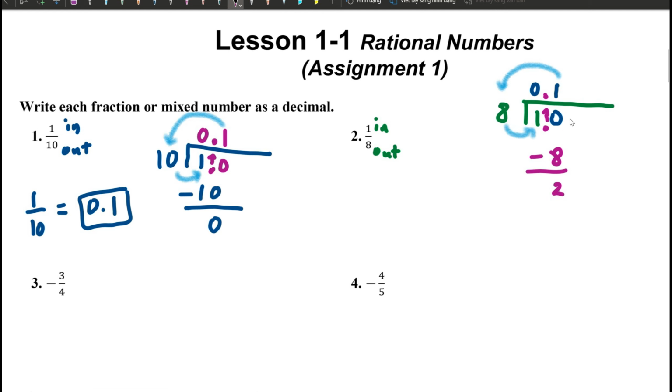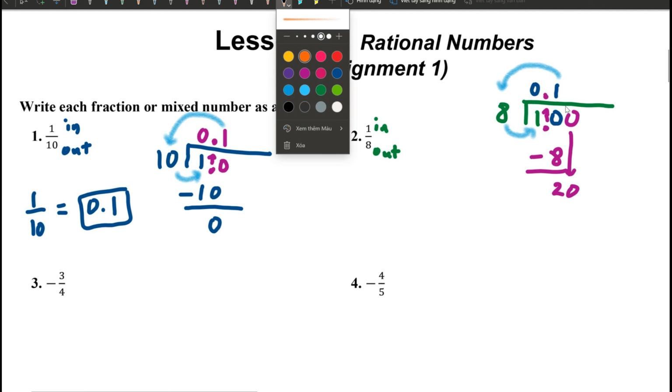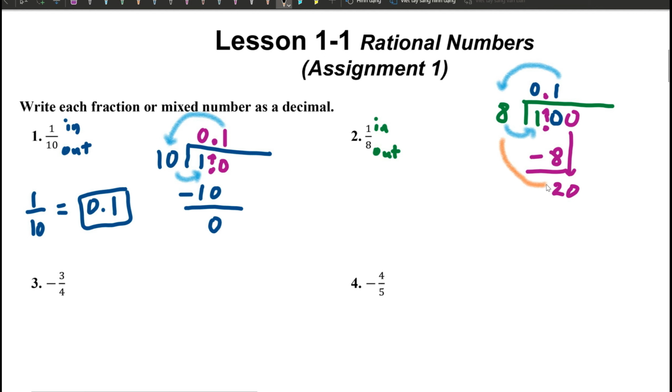Then we bring down the next 0. Then 8 goes into 20, which is 2 times. Right? And then 2 times 8, which is 16.